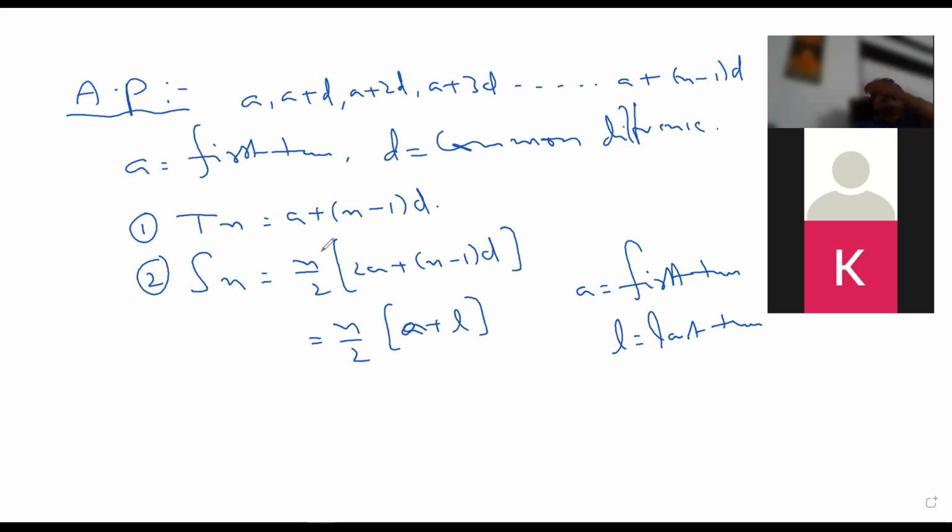This is Sn, the sum to n terms. Tn is a plus (n minus 1) into d. Please note down: arithmetic progression, AP.